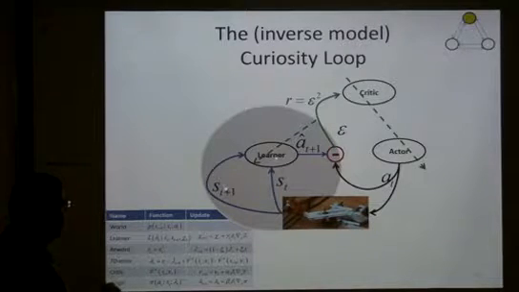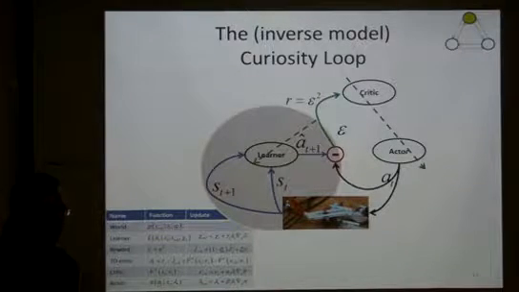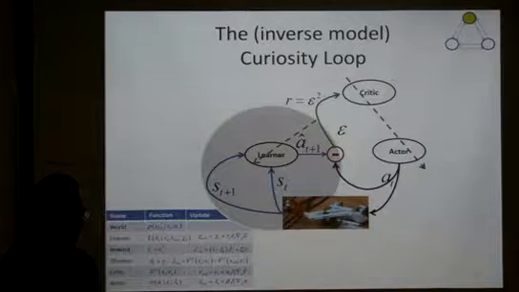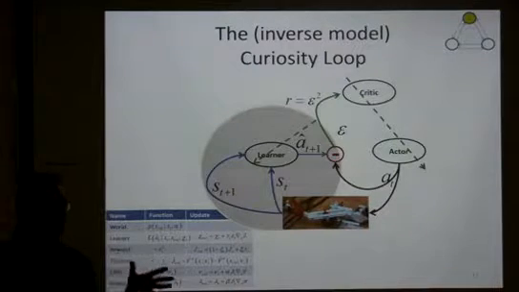You can also plug in here what's called the inverse model. Given the state and some next state that you want to be in, what should be your action? If I'm here and I want to be here, what should be my action? I can also learn this inverse model, and learning it again generates a prediction error. So you can now ask the question, how should I behave in order to learn the inverse model? There are two separate questions.